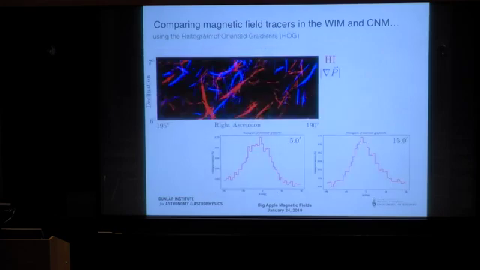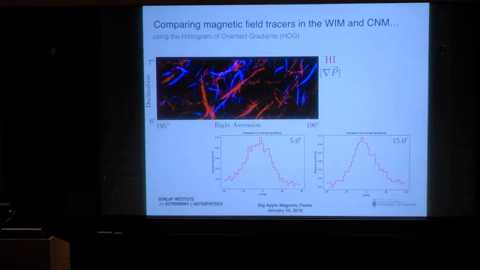And then, somewhat similarly, because I only have a minute now, I did something very similar with what's called the histogram of oriented gradients, written by Juan Soler. Very similarly, I first used the rolling Hough transform to pick up the linear features in these two different maps, where in the top, the red is the H1 linear features and the blue is the linear features in the polarization gradient.